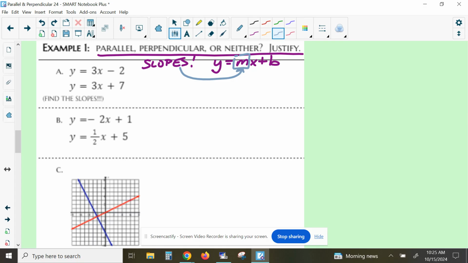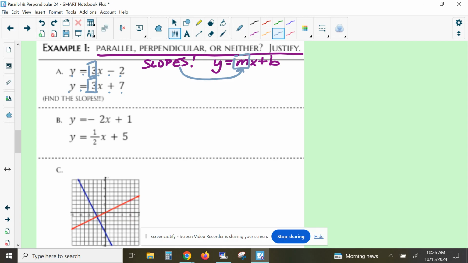Do those two equations both look like y equals mx plus b? Yeah, y equals mx plus b, y equals mx plus b. Now obviously you can change that subtraction to a negative 2 if you want to get all official. But, so what are the slopes of these guys? Slope is 3, slope is 3.